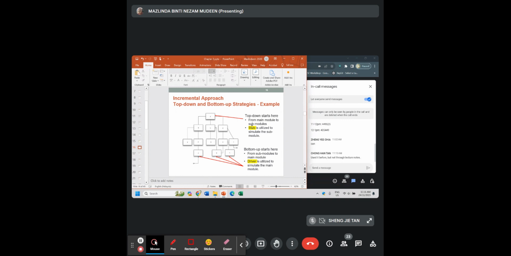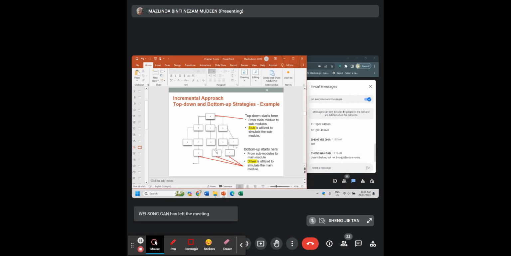Whenever we need a dummy code to replace the higher level module to test the lower level module, we will use the driver. This driver will be replacing the higher level module, and it will be used to call the lower level module.